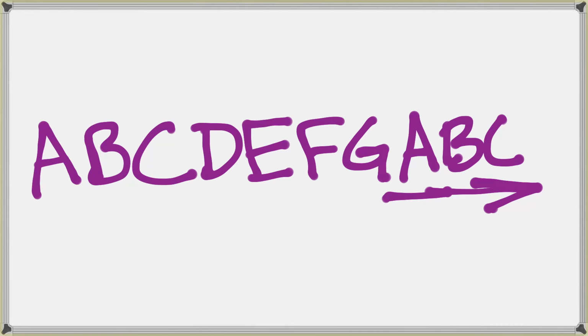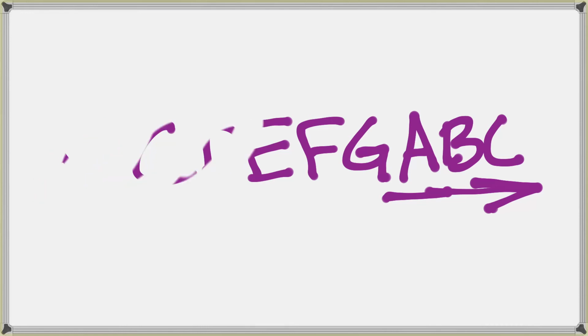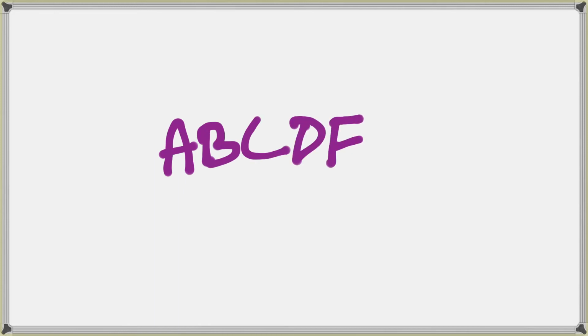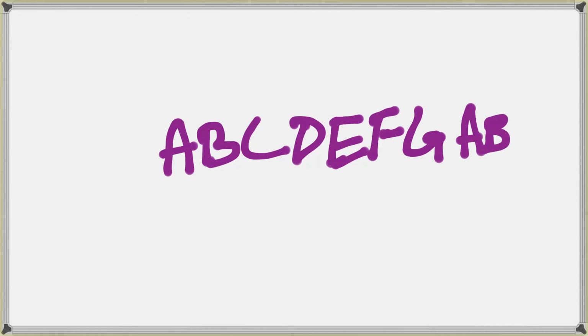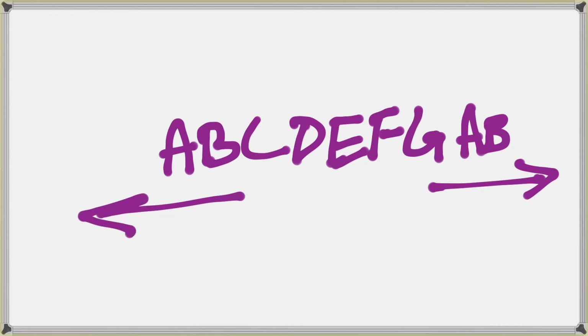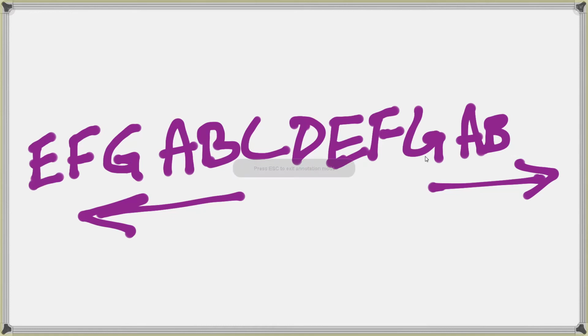So let me go ahead and just start again. I'll start in the middle. A, B, C, D, E, F, G. And then we continue on A, B, all the way up. And then we can go down as well, just like we went here with A. We start back here with A, and then the next letter going backwards would be G, and then F, and then E, all the way down.